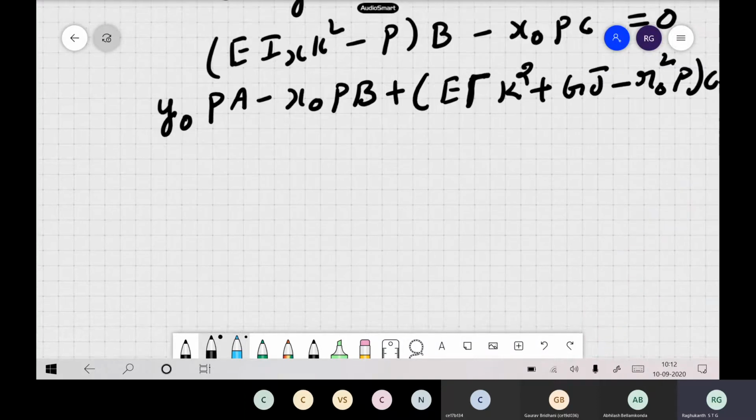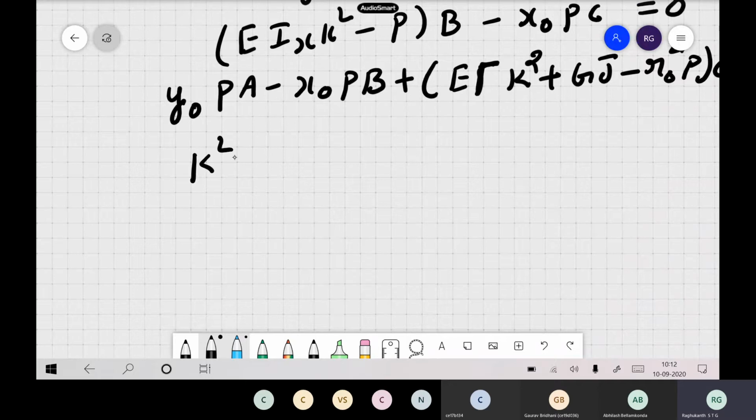Now we have to solve for P, where k square is pi square by L square.